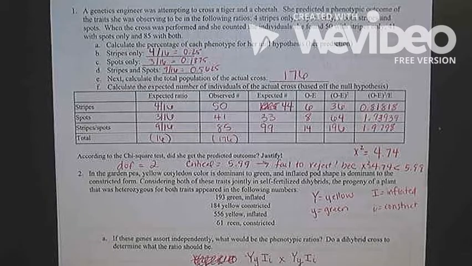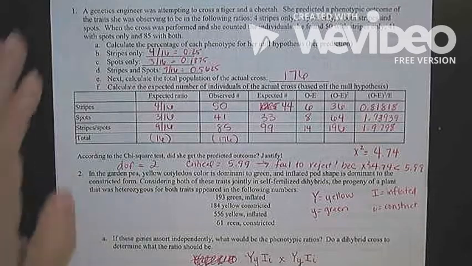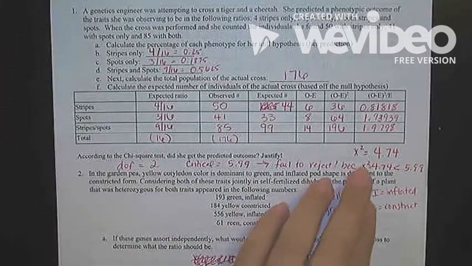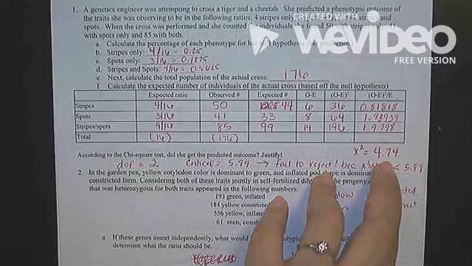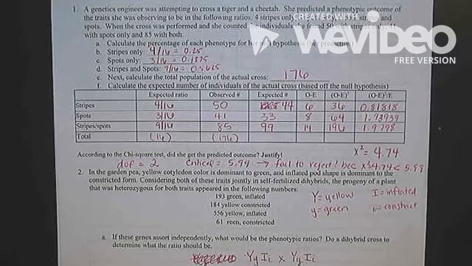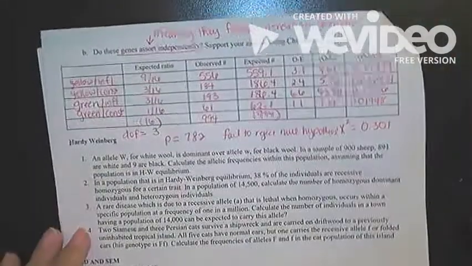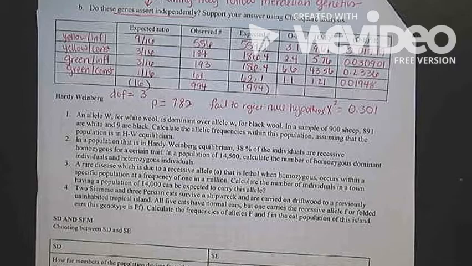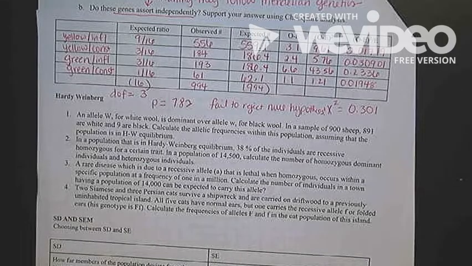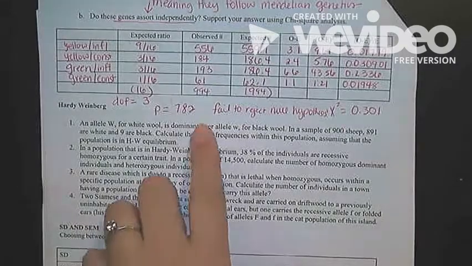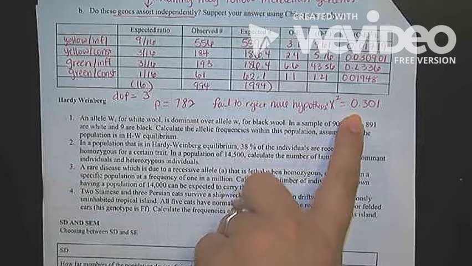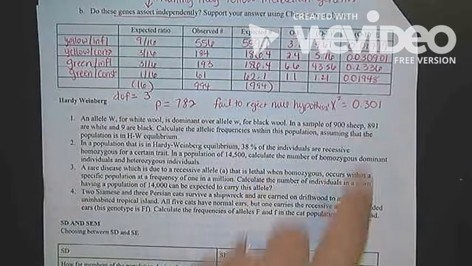There were only two chi-square problems, and according to the calculations, the answer to the first chi-square is 4.74, which means we failed to reject the null hypothesis. Then, for the second problem on the back, we find that the peas follow traditional Mendelian genetics because our chi-square value was 0.301.